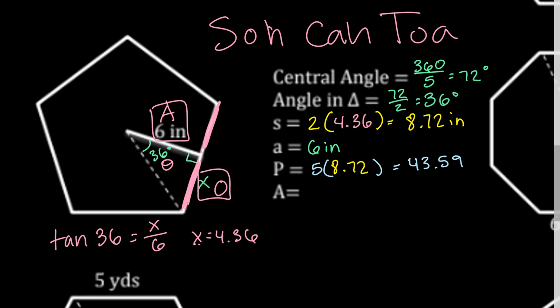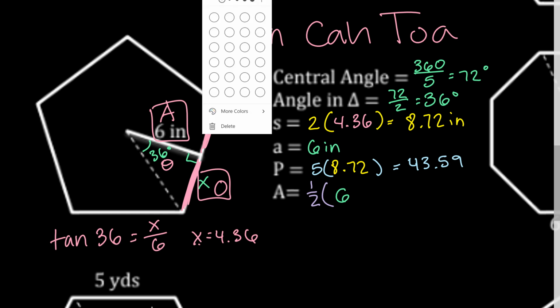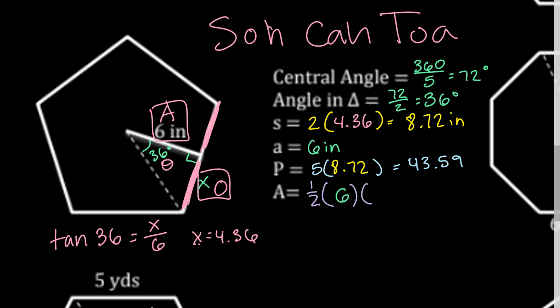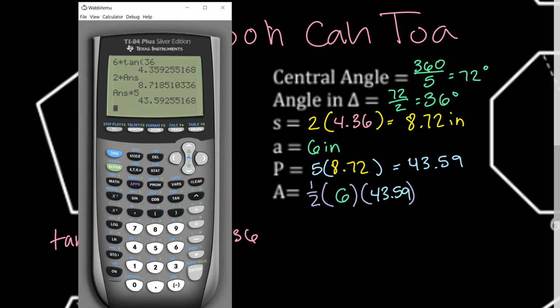And what's my last and final step? The area. So 1/2 the apothem, which was 6 inches, times the perimeter, which was 43.59. And then you use, again, the big whole number.